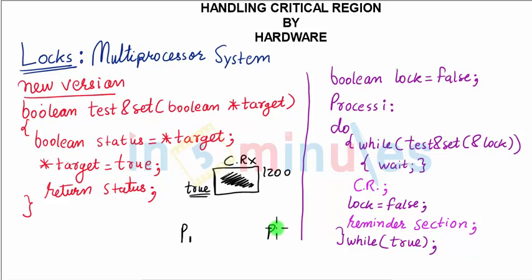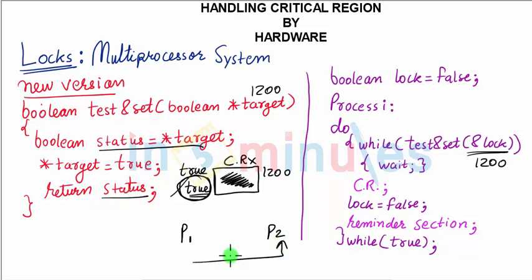Let's say process 2 wants to lock, so it will fire lock address 1200. This 1200 would come over here, and we will read the status. As the status clearly notifies true, we will further try to set it to true, then we will return the status. This status would give P2 true.